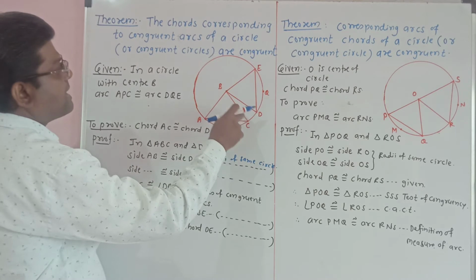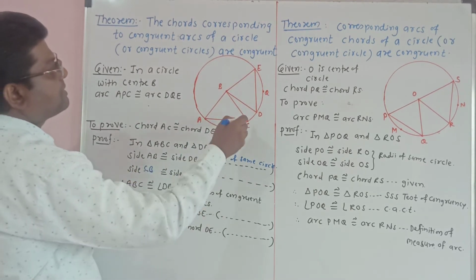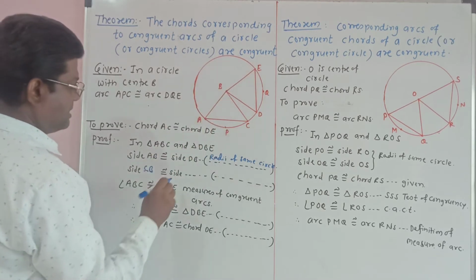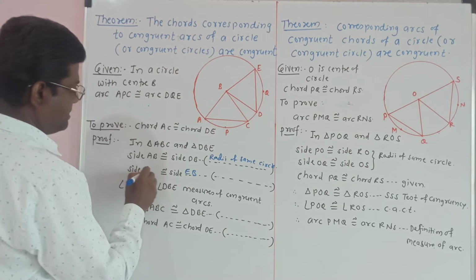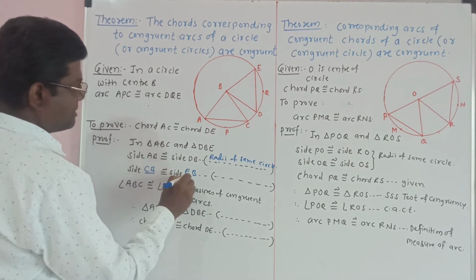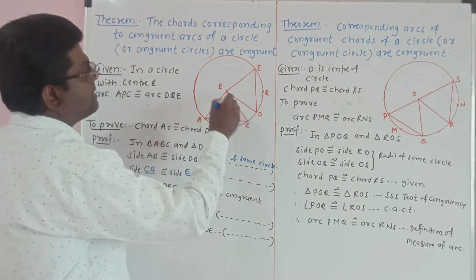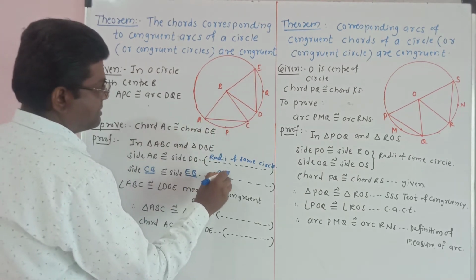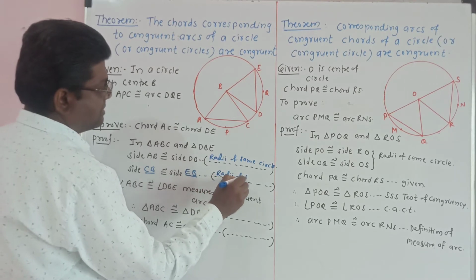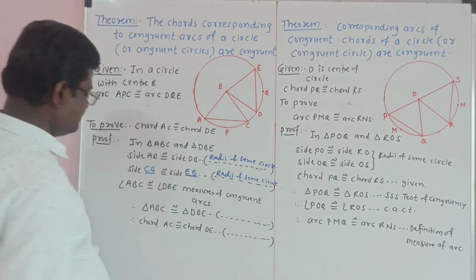Then side CB is congruent to side EB. CB and EB are also radii of the same circle.